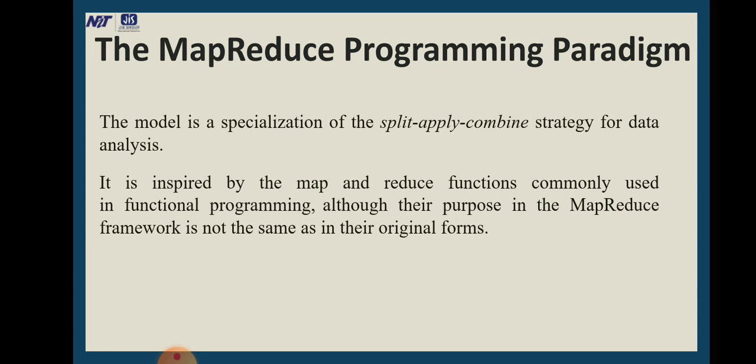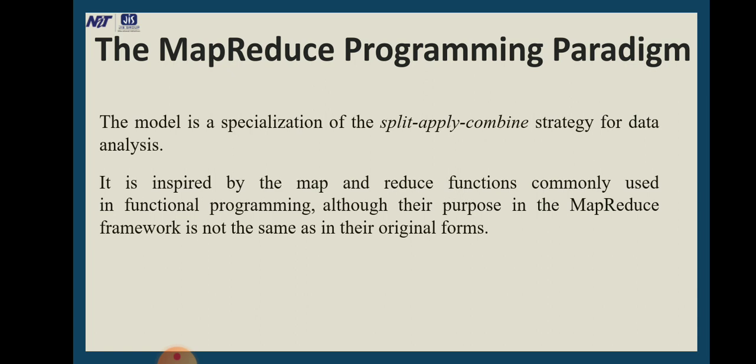Similarly, a set of reducers can perform the reduction phase provided that all outputs of the map operation that share the same keys are presented to the same reducer at the same time, or that the reduction function is associative.